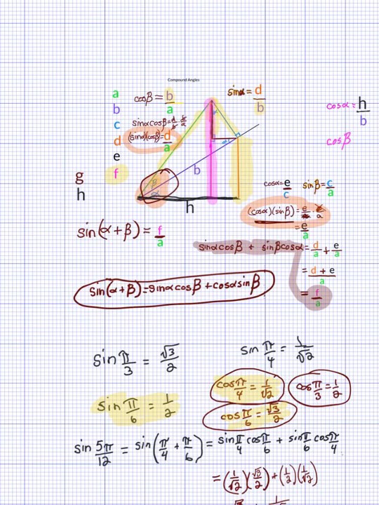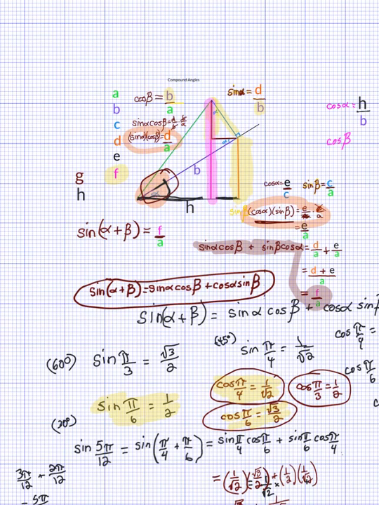So the cosine of beta is equal to the purple B over this green, which is A. So the cosine of beta is B over A.